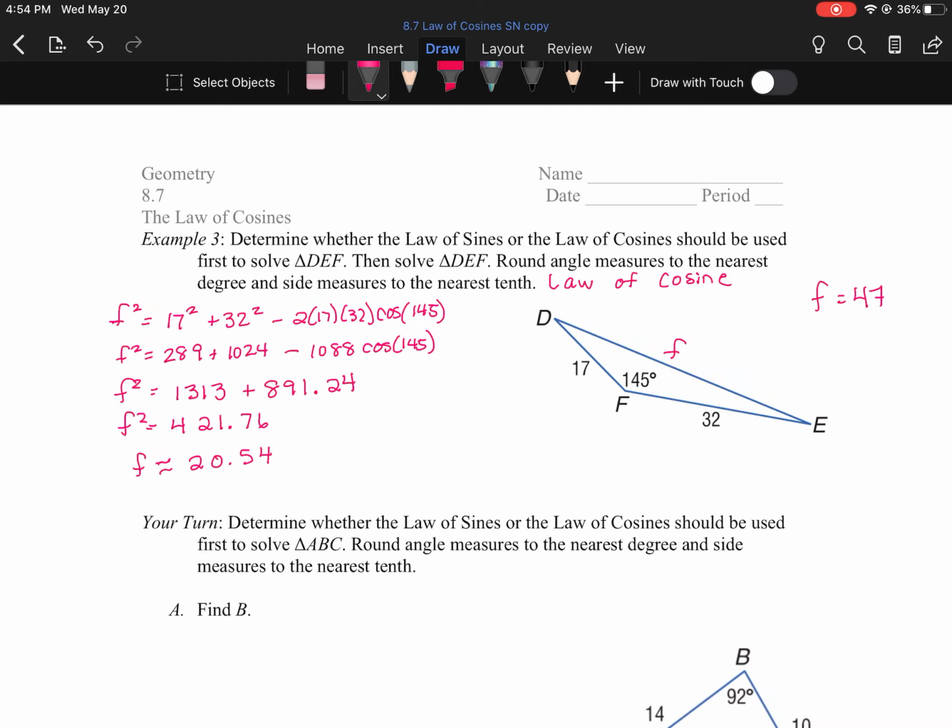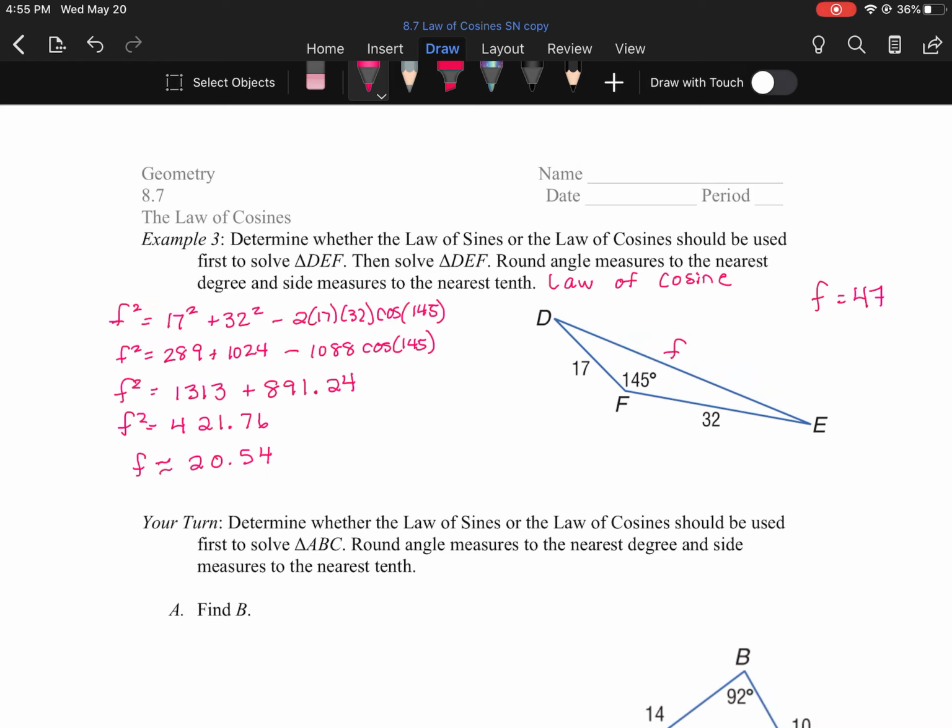So F squared equals 17 squared plus 32 squared minus 2 times 17 times 32 times the cosine of 145. 17 squared is 289. 32 squared is 1024. 2 times 17 times 32, that is 1088.